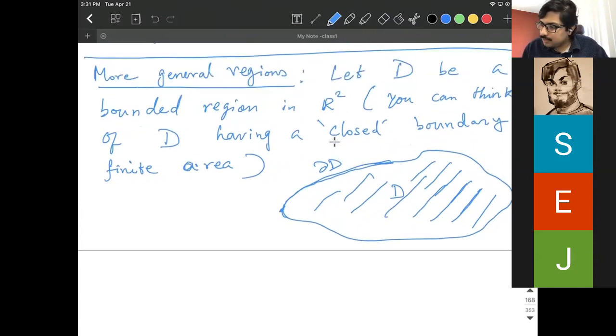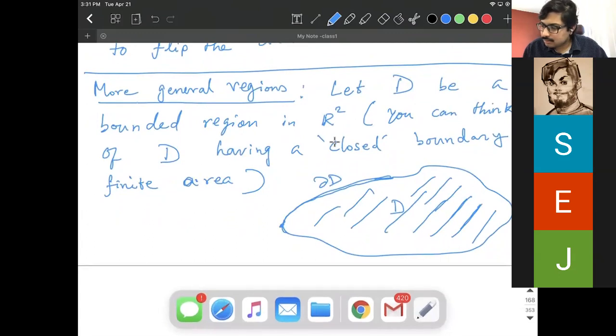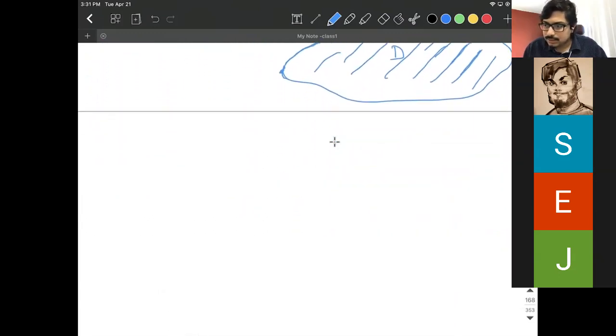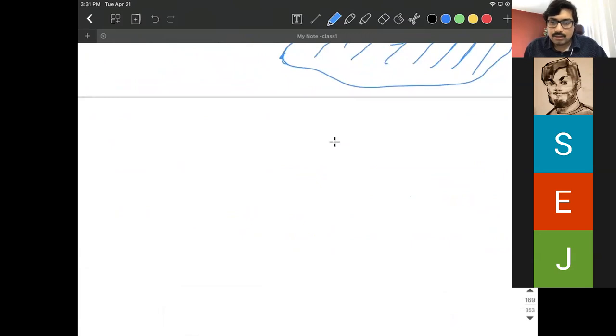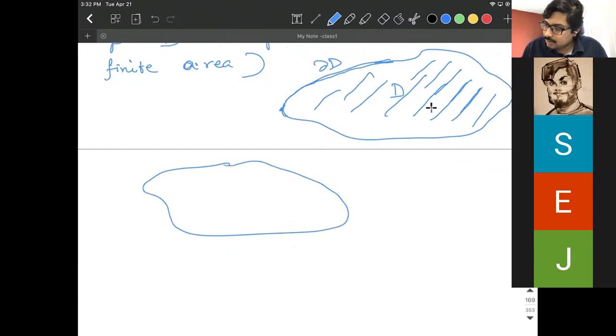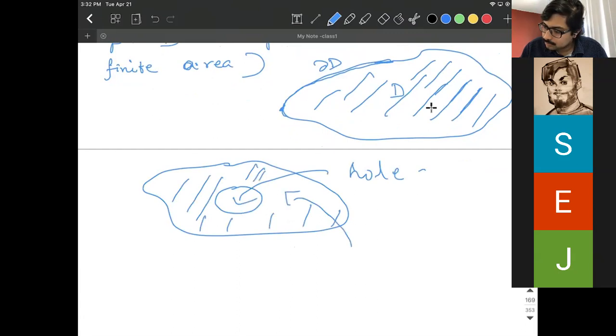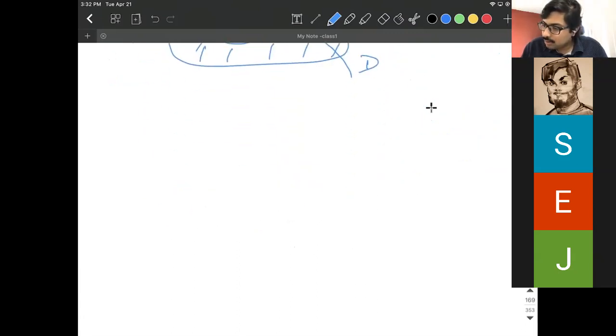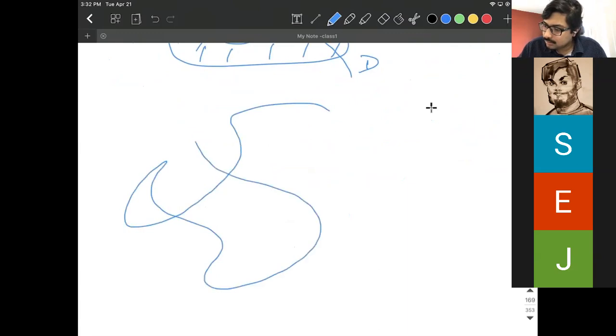Okay, so in such a D, we can define the double integral. Keep in mind that D can have some other complicated shapes. For example, same idea here, but you can have a hole in between. So this is a hole. So this is our D. Or even weirder, something like this.